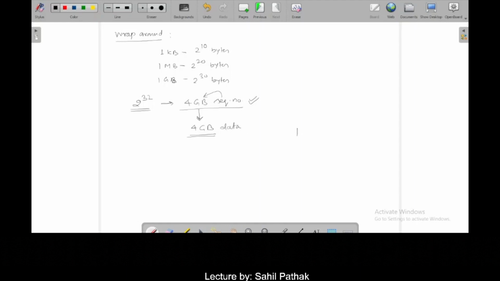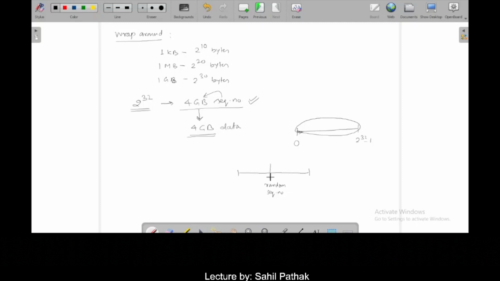That is, we have sequence numbers ranging from 0 to 2 raised to power 32 minus 1. Once all of these sequence numbers are finished, we have to again reuse the same sequence numbers. This is if we have started from 0, but what if we have started from a random sequence number? Let's say this is the random sequence number.